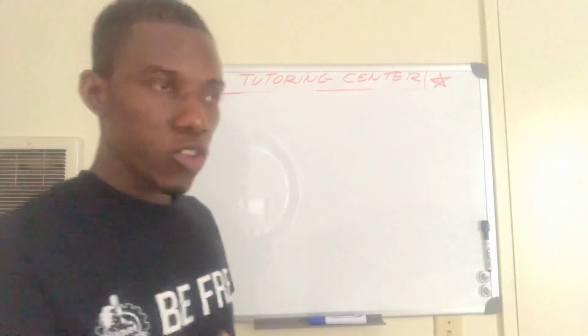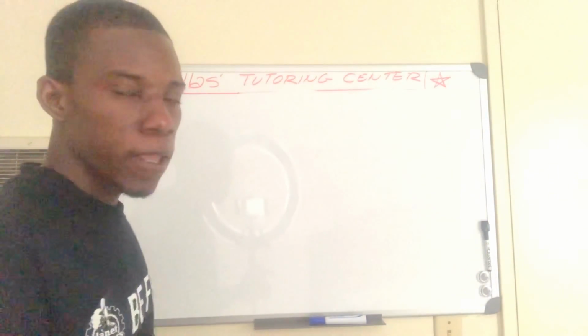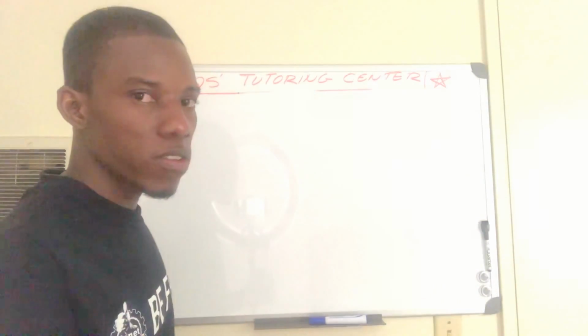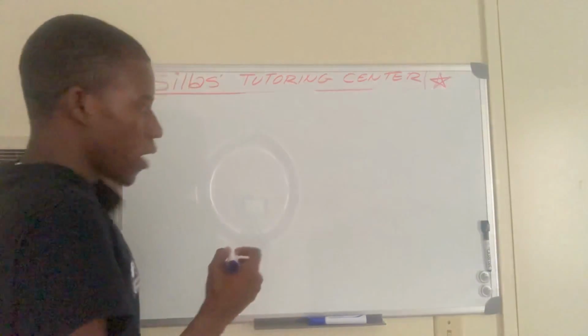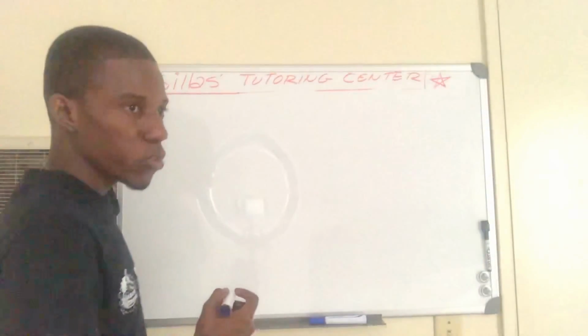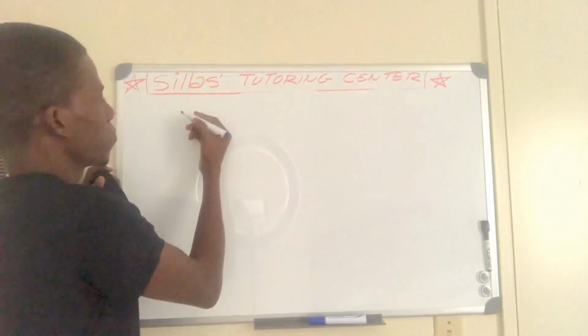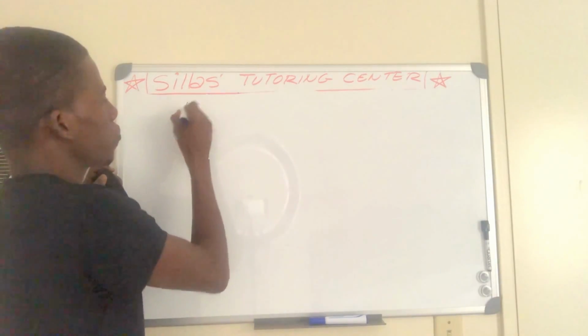Channel today. I'm going to continue with the behavior of functions. So I did the line the last time, so today I'm going to study the behavior of absolute value function.